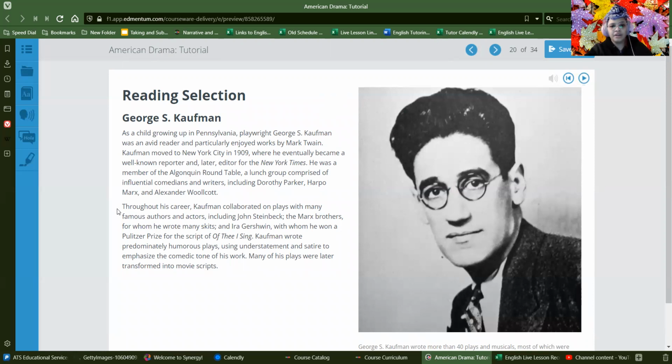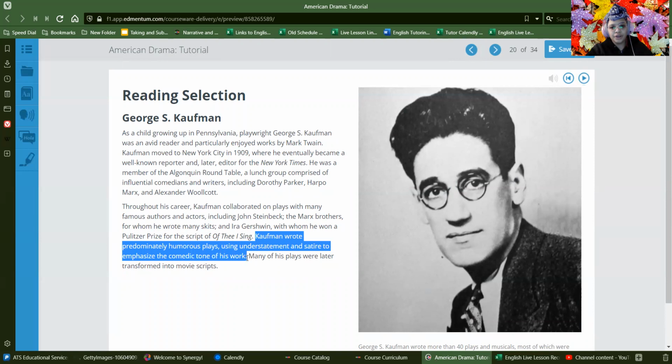And then in the second paragraph, they give you information about who he collaborated with, including John Steinbeck, the Marx Brothers, for whom he wrote many skits. So he wrote a lot of plays. And Ira Gershwin, a person that he worked with and won a Pulitzer Prize with. Kaufman wrote predominantly humorous plays using understatement and satire to emphasize the comedic tone of his work. Many of his plays were later transformed into movie scripts.